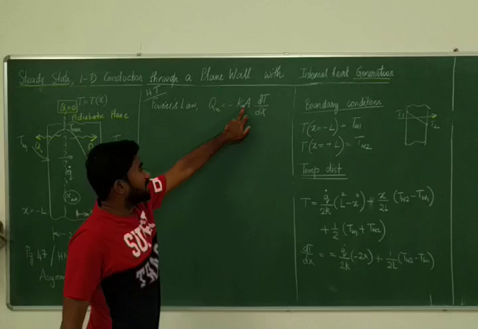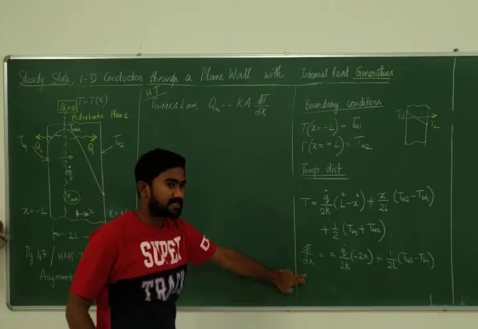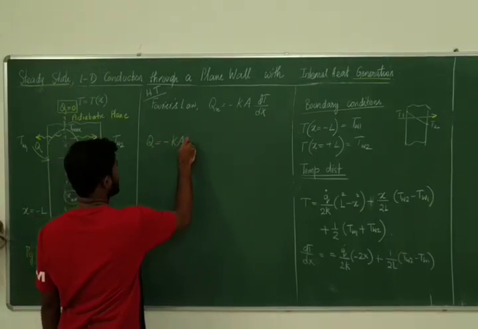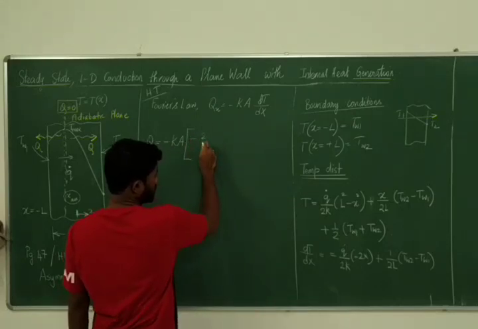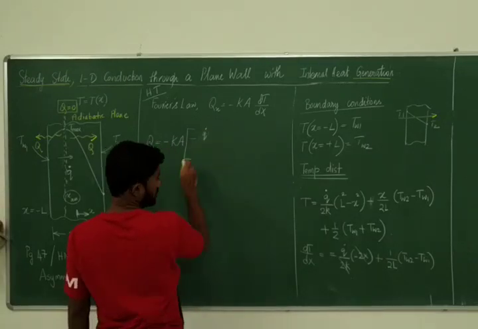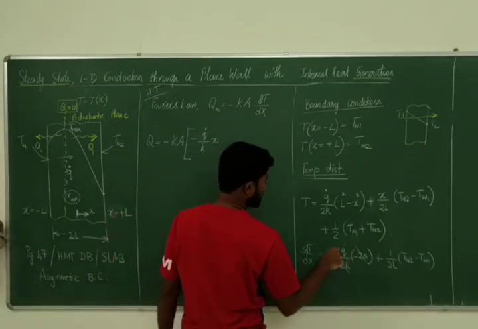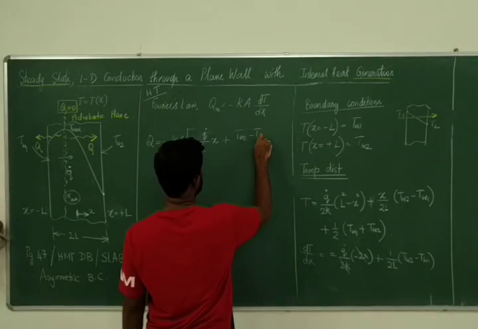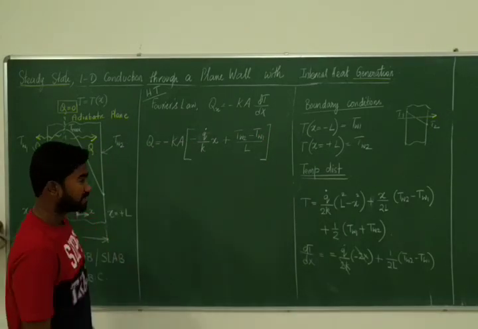In the plane wall, area A is a constant, k is already constant. dT by dx I have the expression, so I can write what is Q. Q is minus kA into minus 2, the 2 gets cancelled, minus q dot by k into x plus (Tw2 minus Tw1) divided by L. So I can take a minus sign inside.